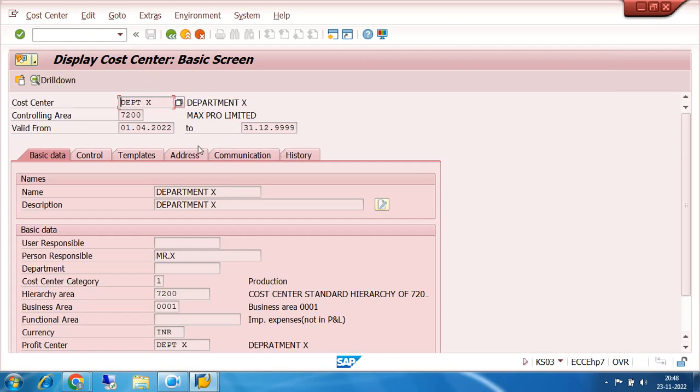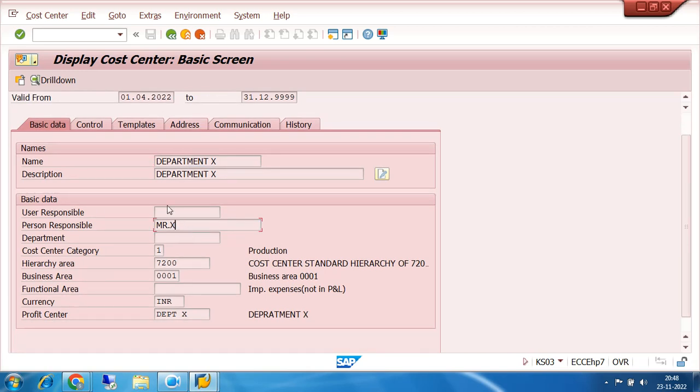Once I click on enter, what I see is that the name of this cost center is DEPT-X, or the full name is Department X. Every cost center in the master data must have a person responsible, that means who is responsible for that cost center. And every cost center must be put under a cost center category.